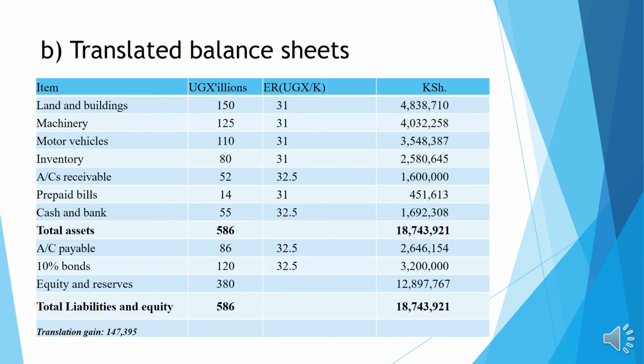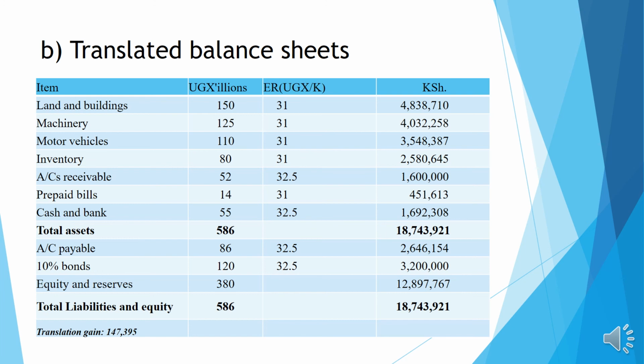Then in the balance sheet, we translate land and buildings using the historical rate, cost times a million, because these are in millions. Machinery, that was 4.32,258. Motor vehicles.